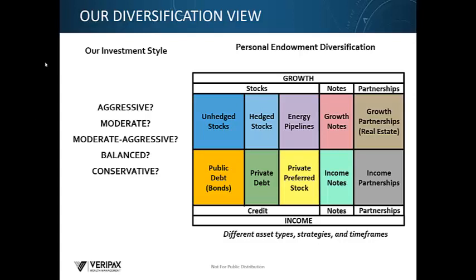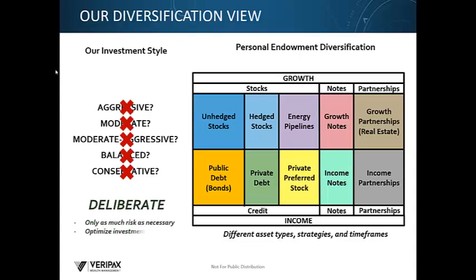I don't like any of these when we describe our portfolio. What we're trying to do is actually more deliberate investing. We want to have a specific goal within a specific time frame. And therefore, instead of just throwing our money in the markets, we only want to take as much risk as necessary. A lot of times when people are investing in the market, they're trying to do cost minimization. The theory being that the lowest cost investments are going to be the best.